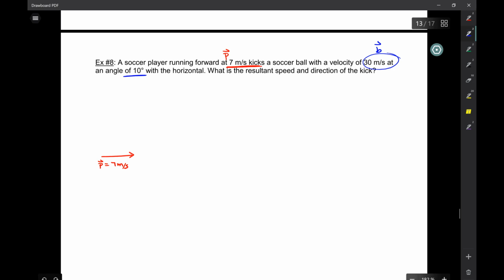Now, he kicks the ball, right? He kicks the ball at a velocity of 30 meters per second at an angle of 10 degrees with the horizontal. So I'm going to draw that as a continuation of this. If this is an imaginary horizontal line, he kicks it at 30 meters per second at 10 degrees. So something like that.